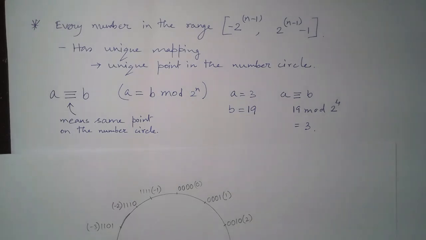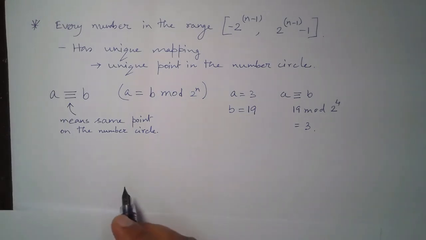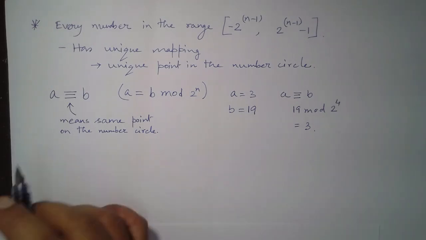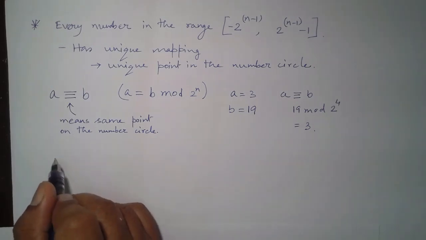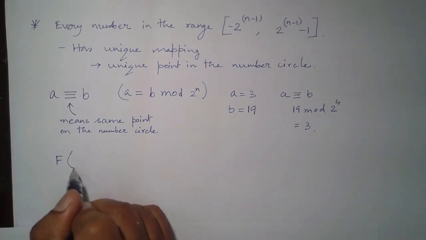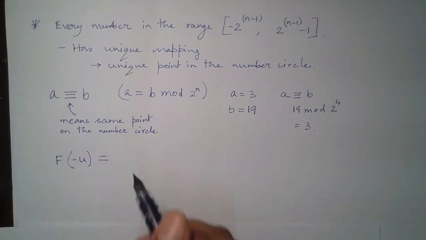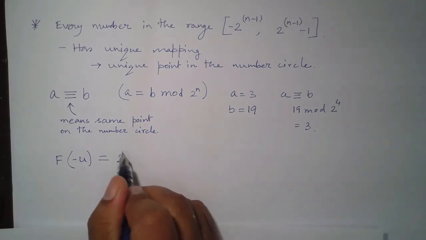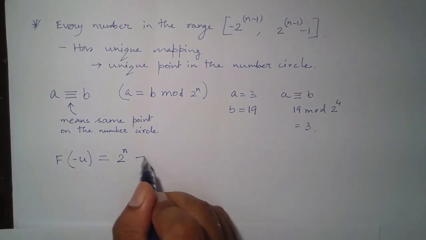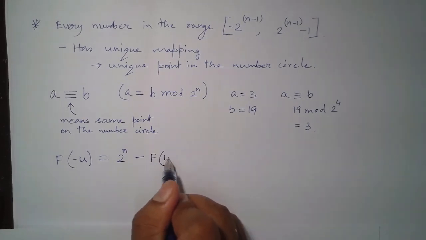All right. So continuing with this, we can also say that a negative number minus u on the number circle is nothing but 2 to the power n minus the positive number u.